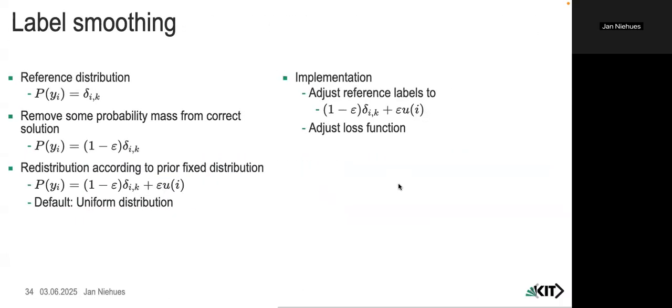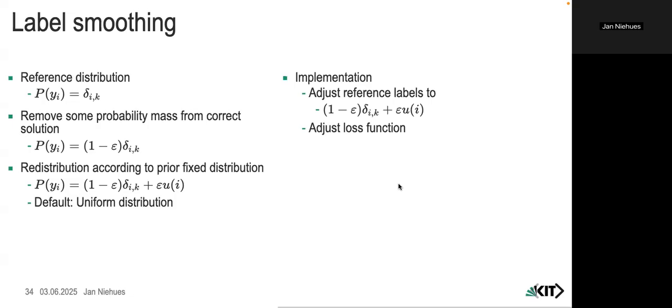How you can do that is now from the implementation side of view. There are different ways of how you can learn this type of distribution. On the one hand, you can implement that on your reference, on your labels, saying that although my data says it's this word, in reality, I want to have this type of distribution.